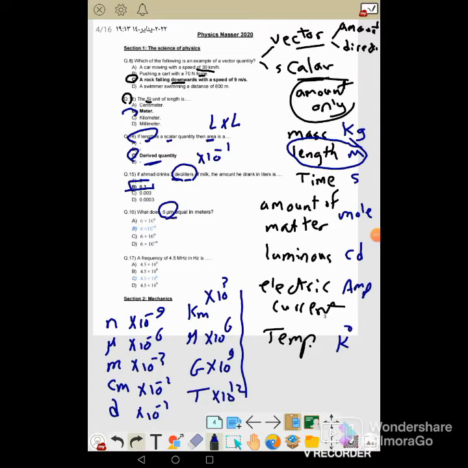So micro is times 10 power minus 6. A frequency of 4.5 mega, mega here is times 10 power 6.